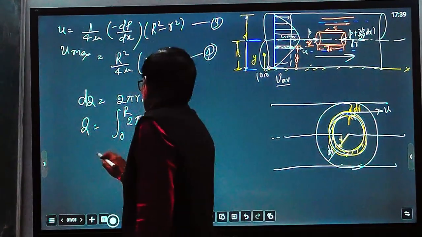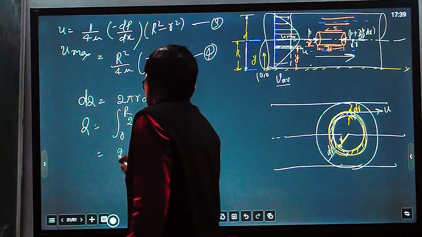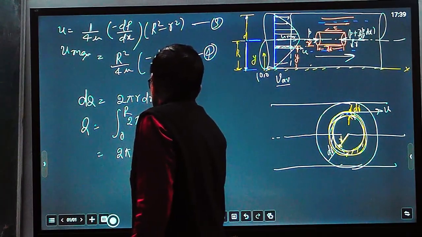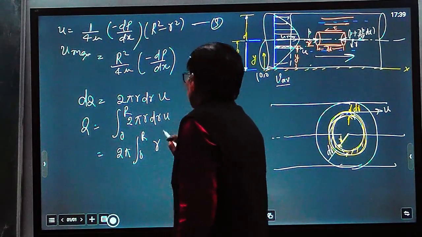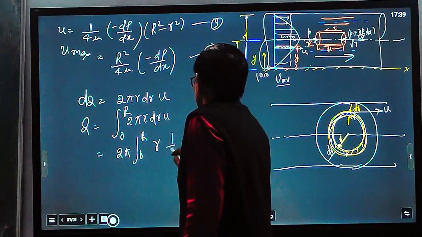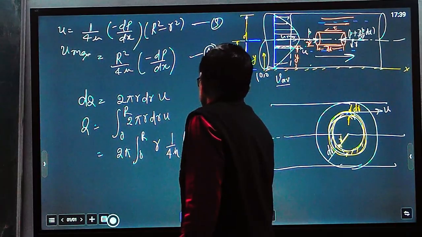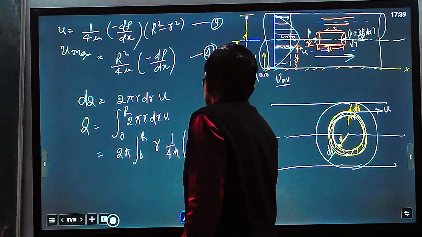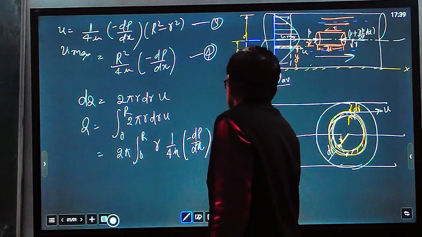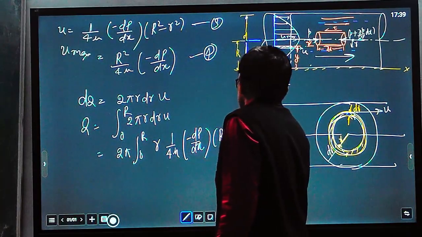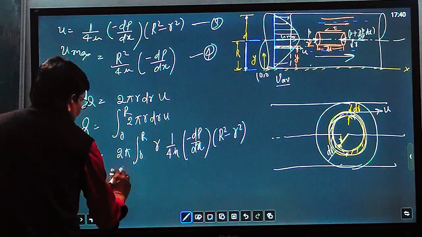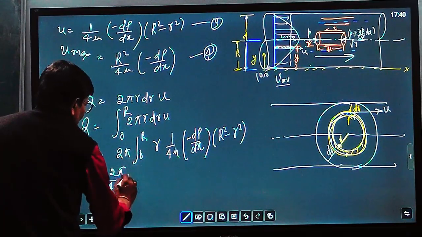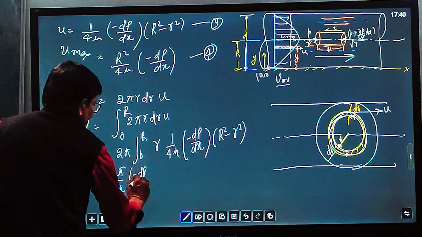That is equal to, taking 2 pi outside as a constant, 0 to R, and putting the value of u, 1 upon 4 mu minus dp by dx into (R square minus r square). Again taking out constants, 2 pi upon 4 mu and minus dp by dx.